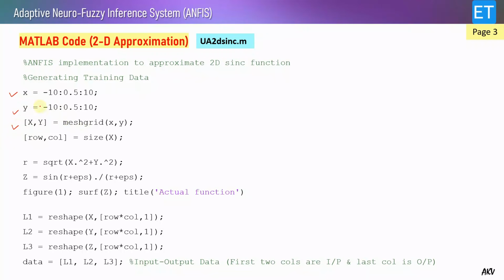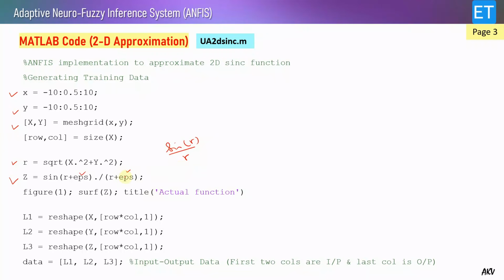Both x and y range from minus 10 to plus 10, and then r is the square root of x square plus y square, and this is my sinc function, that is sine r upon r. Here EPS is added just to avoid 0 upon 0, because when r is 0, then there will be sine 0 upon 0, which is undefined.